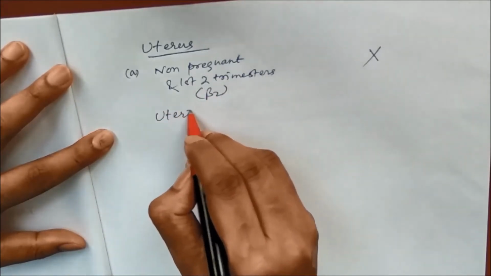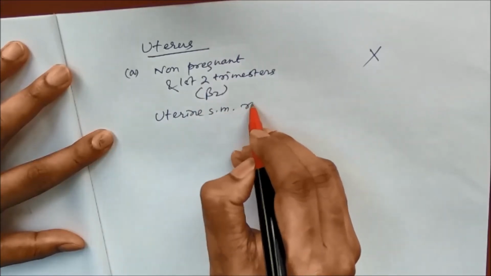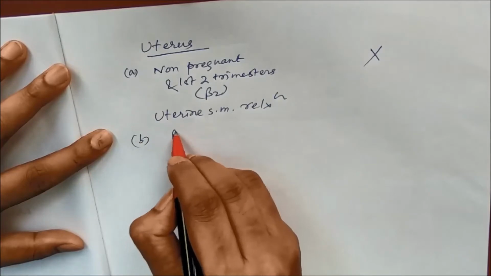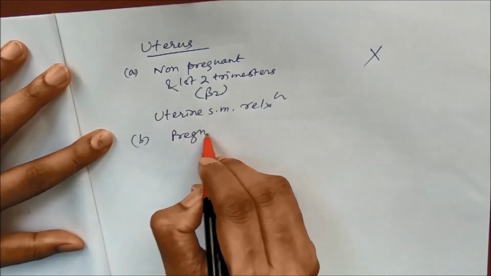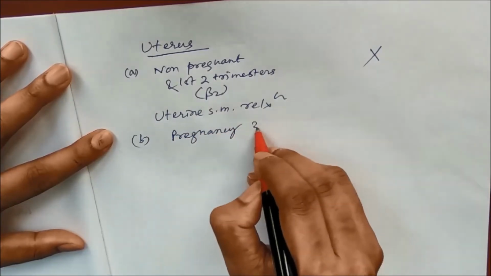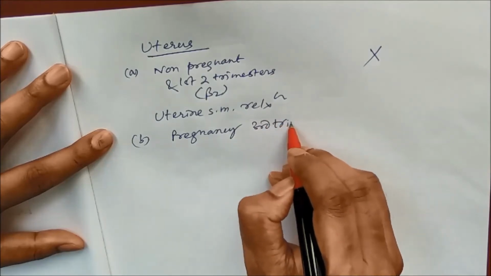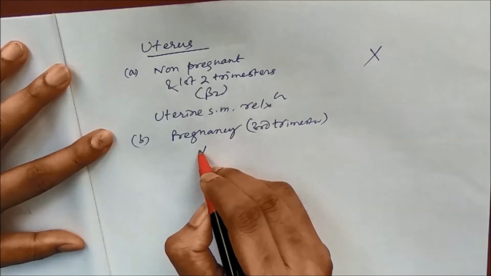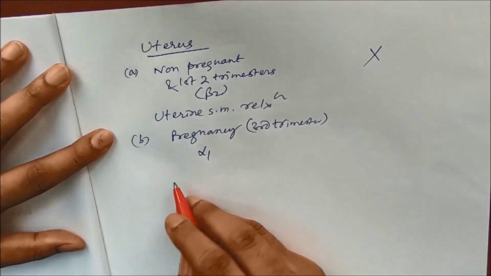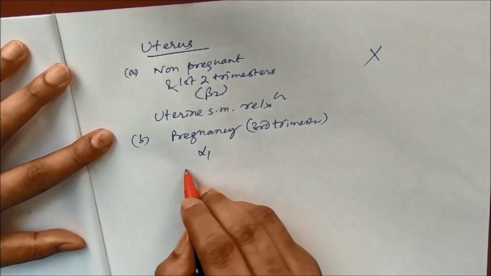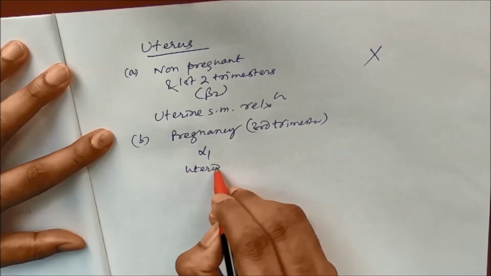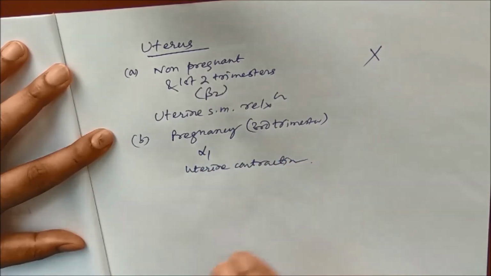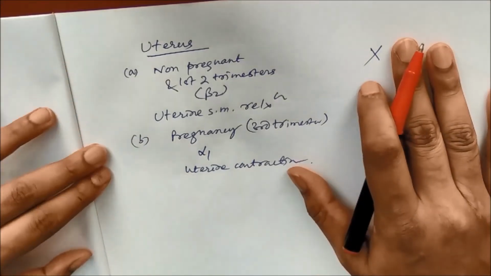So uterine smooth muscle relaxation in non-pregnant uterus. Whereas in pregnancy, mainly in the third trimester, the final trimester of pregnancy, there is distribution of alpha 1 receptors mainly, and there will be uterine contractions. Okay, and there is no parasympathetic action.